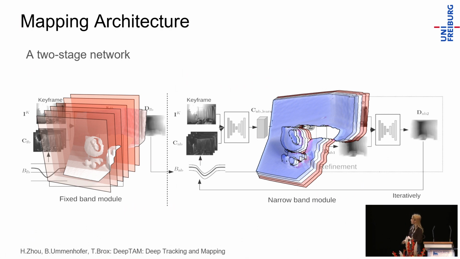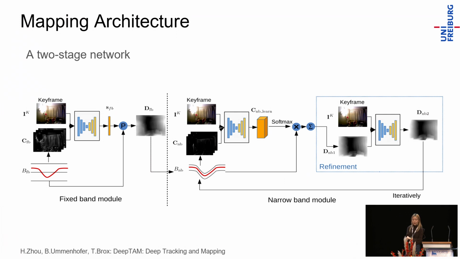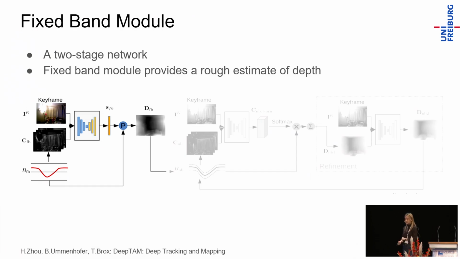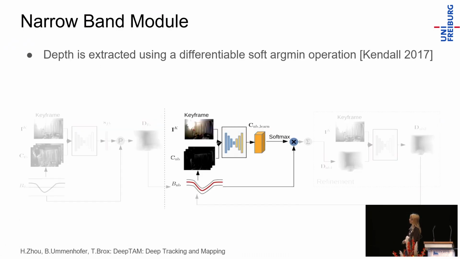We have two stages, a fixed band module and a narrow band module. Now let's take a look at the fixed band module. Here we just give a rough estimate of the depth. Based on this estimate, we use the narrow band module, where the depth is extracted as a soft classification task.